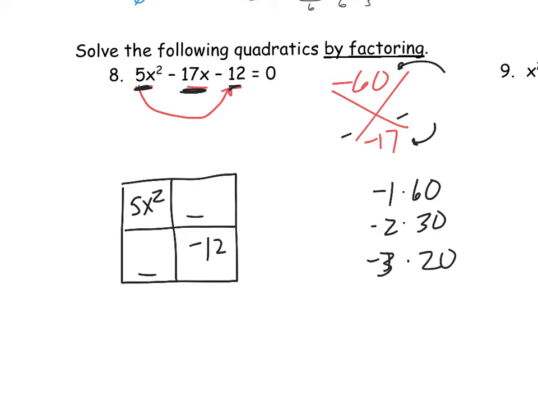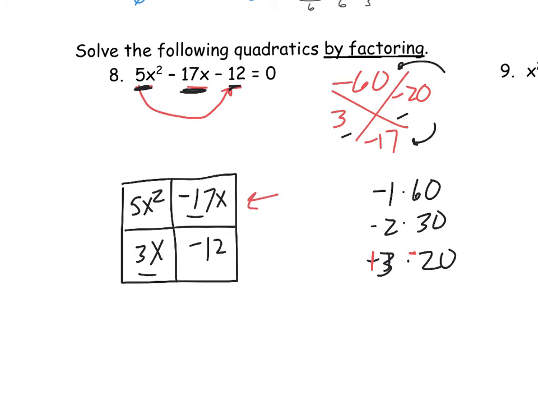Well, if I put positive 3 and negative 20, that will give me my negative 17. So I'm going to say 3x, I'll put the 3x here, and the negative 17x right here. So what do they have in common?